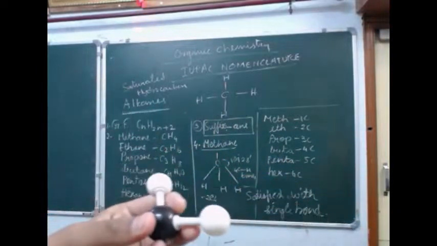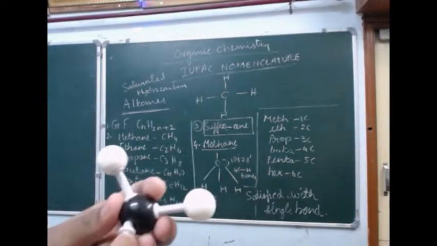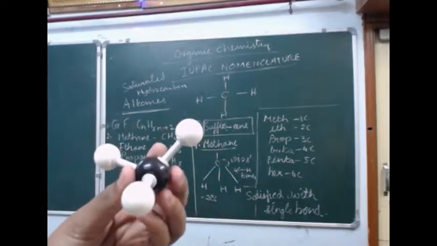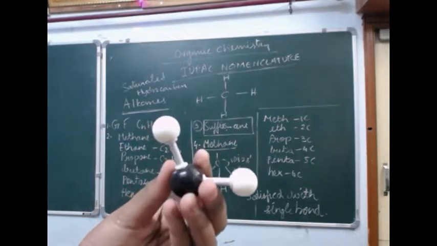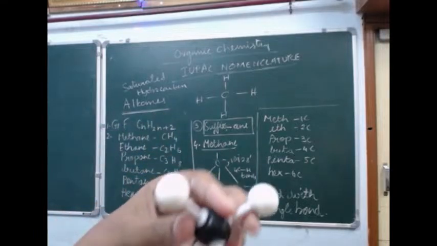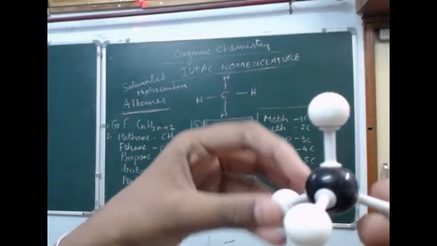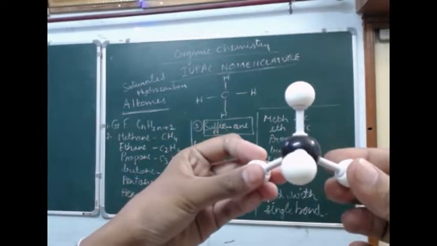You can show here. Another hydrogen. Another hydrogen. Right? So you need one more, is it not? CH4. Okay. Now this is the tetrahedral methane. Are you able to follow?